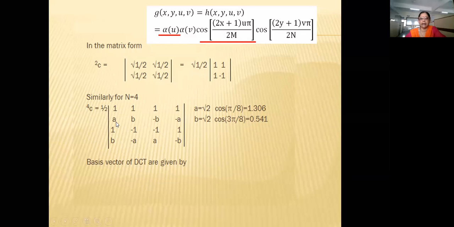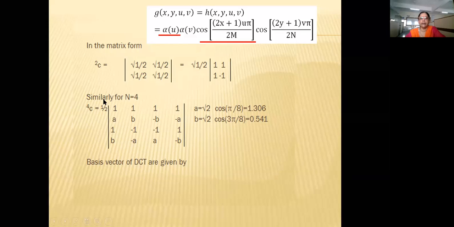Your second row will be a, b, minus b, minus a, where 1/2 is taken common from all these elements, and the remaining part, a, is nothing but root 2 cos of pi by 8, that is 1.306, and b is root 2 cos 3 pi by 8, and the answer is 0.541. Please note down that the 1/2 factor is taken out as common to all these elements.